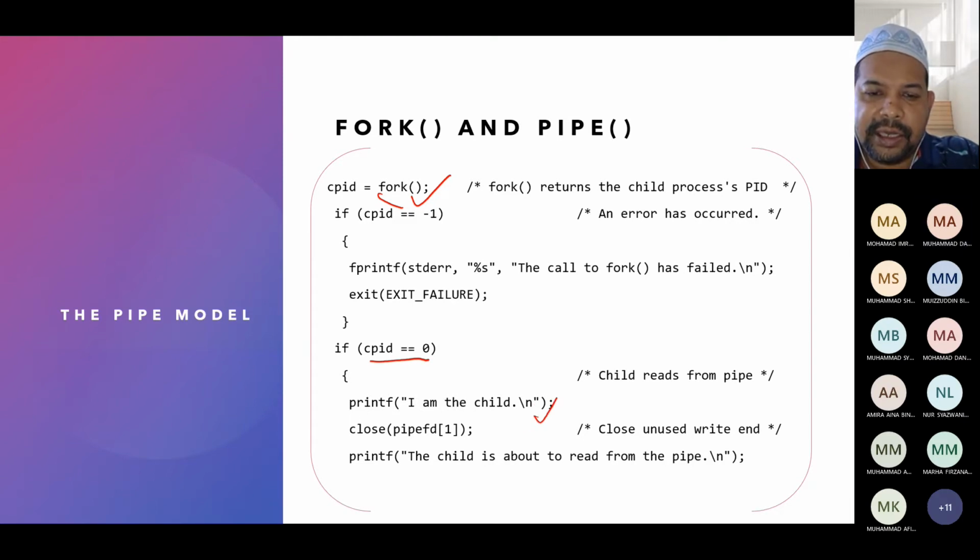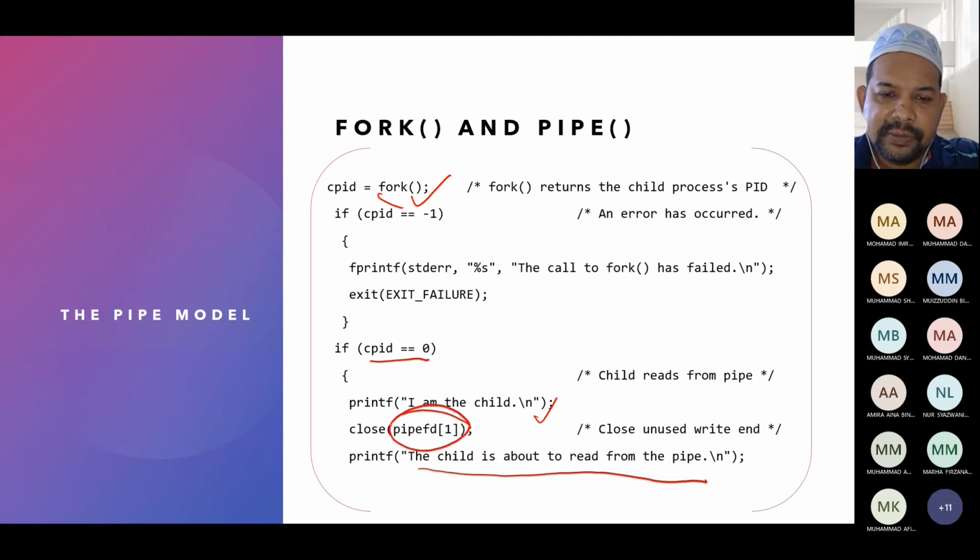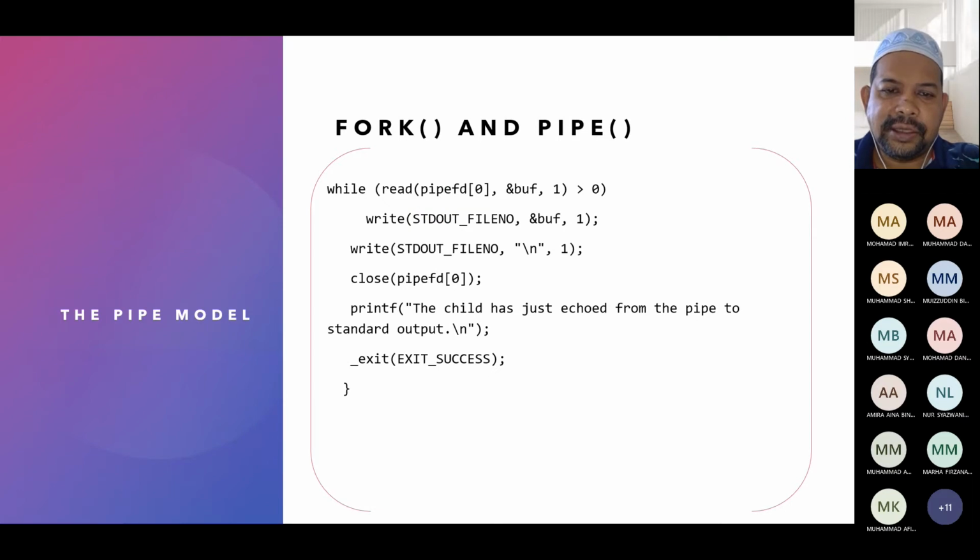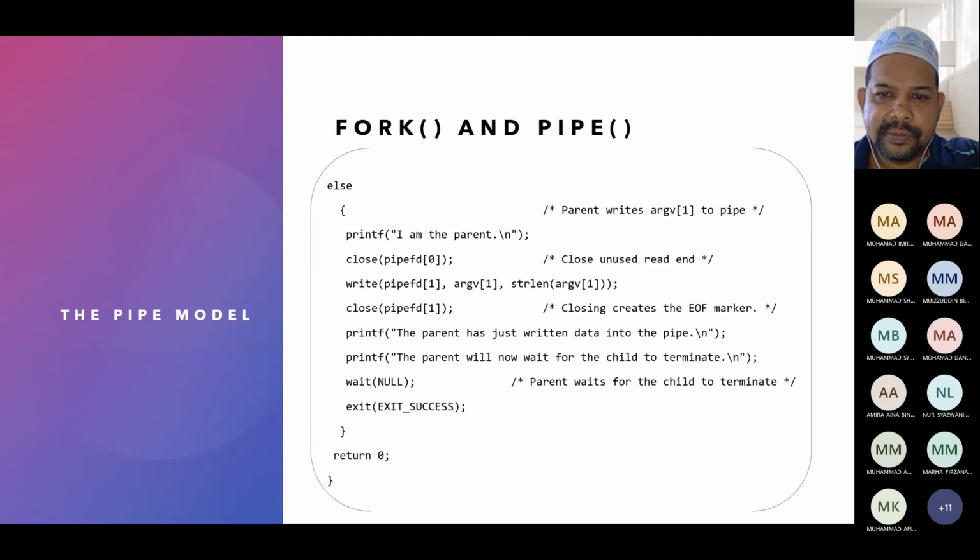Okay, so bila child dia akan read daripada pipe. Okay, kita nak baca pipe ni. Okay, and then lepas baca kita close. Okay, so dia run sekejap tu kan. Kita baca and then close. Okay, so kalau kita adalah parent.